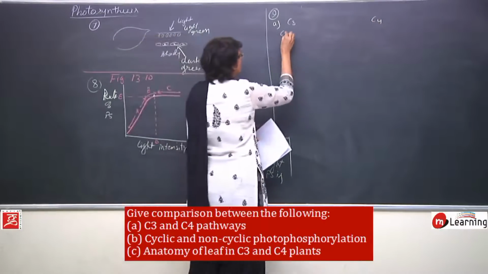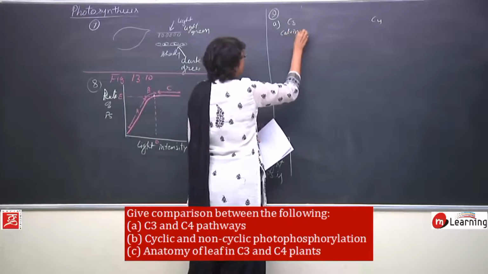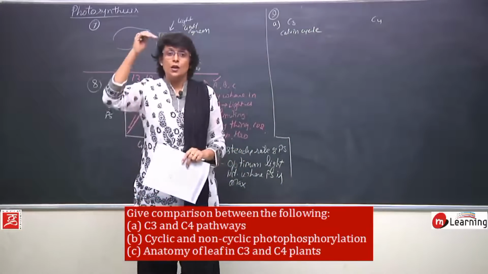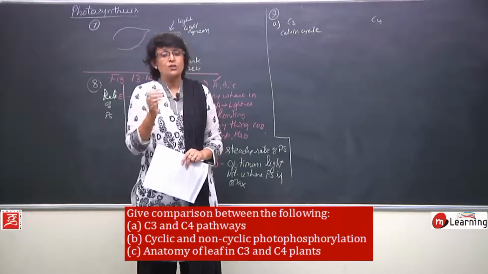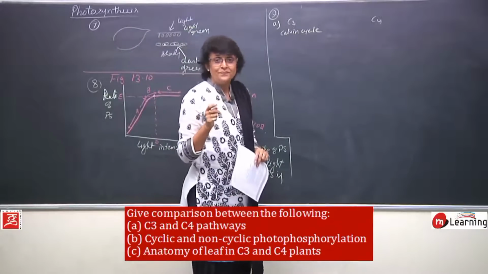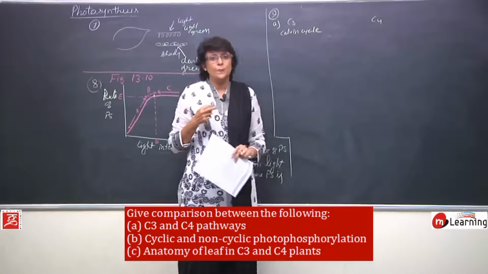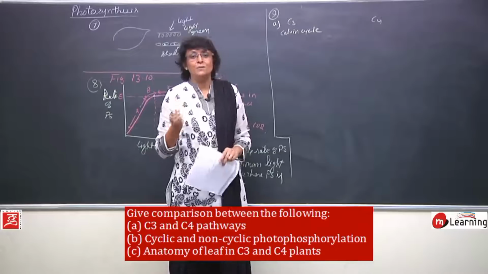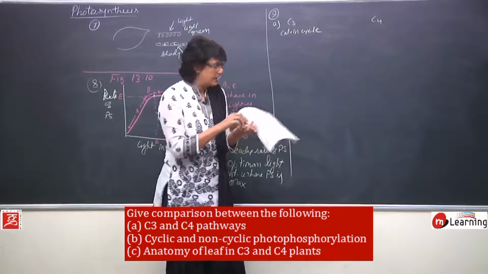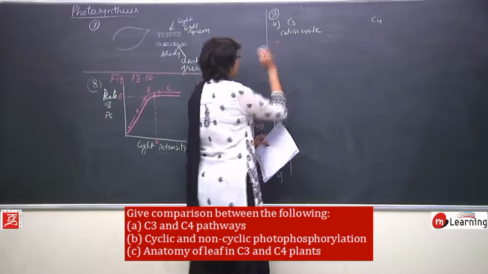C3 pathway is only the Calvin cycle. And C4 includes fixation of carbon dioxide, or acceptance of carbon dioxide, by phosphoenol pyruvate. The enzyme which helps is PEPCO. The first stable compound formed is oxaloacetic acid. So all those things, let us compare this.